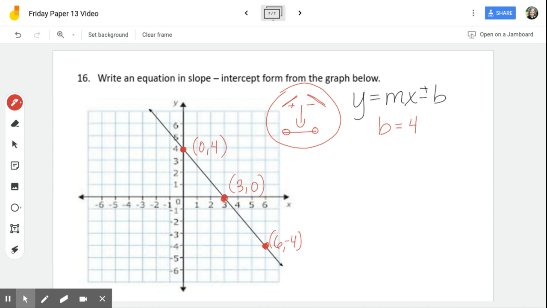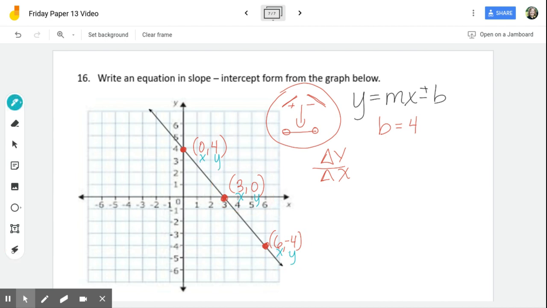Now, when we look at the slope of this line, there's a lot of ways we could talk about it. Change in y over change in x. Let's try it this way. So let's define my x's and my y's. Now, to find change, we subtract. So I'm going to start with this point and this point, that ordered pair.